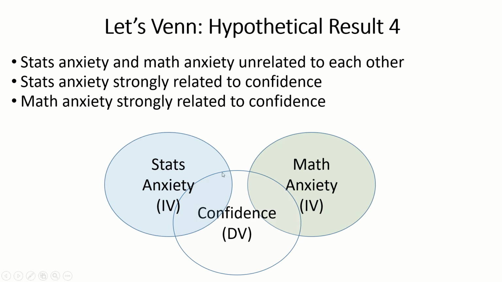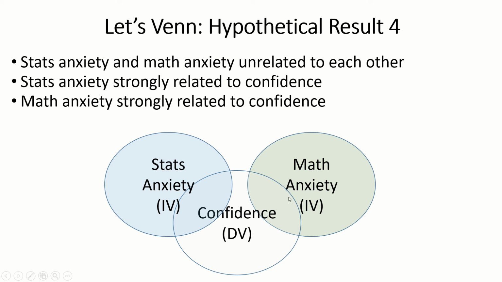So your Venn diagram should look something like this, where you have no overlap between stats anxiety and math anxiety, but you do have a good amount of overlap between stats anxiety and confidence, and math anxiety and confidence. Now, we probably imagine that the real results look something like this, where both forms of anxiety are related to confidence, right?